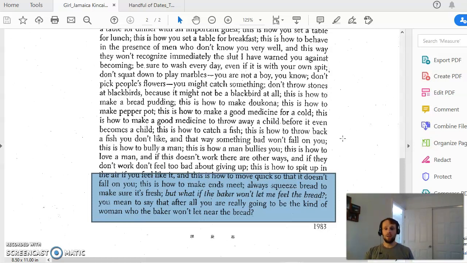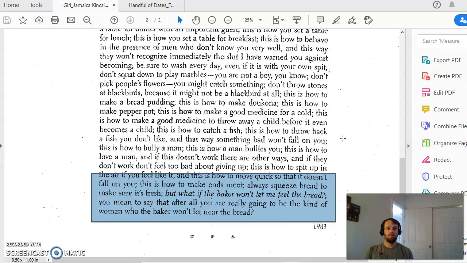On the surface, we've got advice about daily life. When you're going to the baker's, make sure you know what you're buying before you buy it, and make sure you're the type of person the baker can trust. Okay, straightforward enough, fair enough.